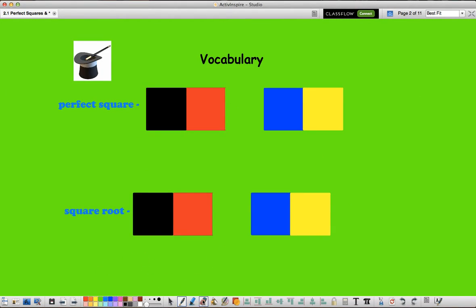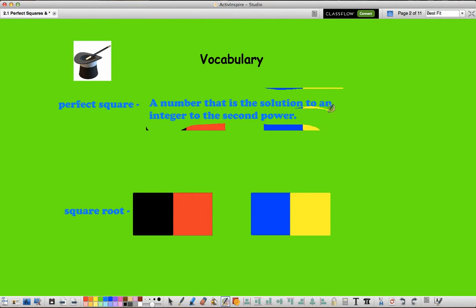All right, so definitions. We have a perfect square. A perfect square is a number that is the solution to an integer to the second power. We can also say an integer that is the solution to a number times itself.